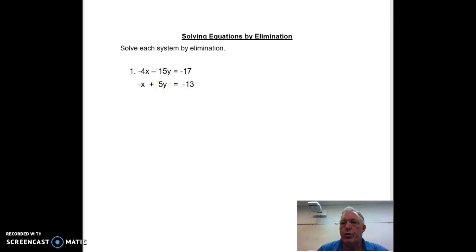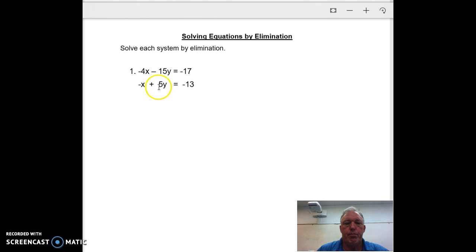I'm going to use making the coefficient for y 15. So we're going to put parentheses around the bottom equation. I'm going to multiply everything in the equation times 3.